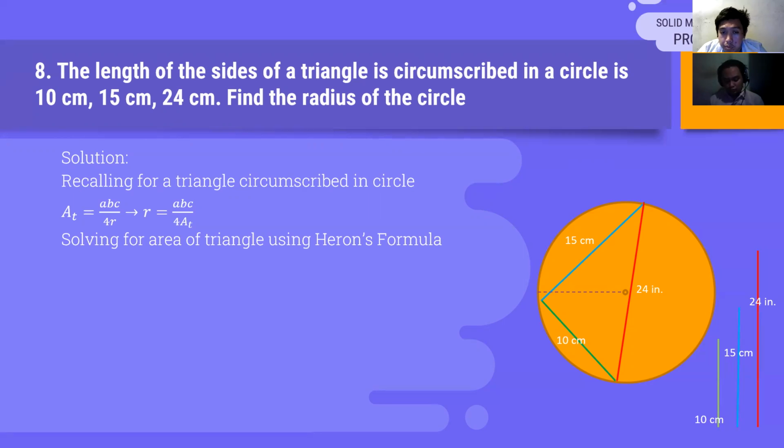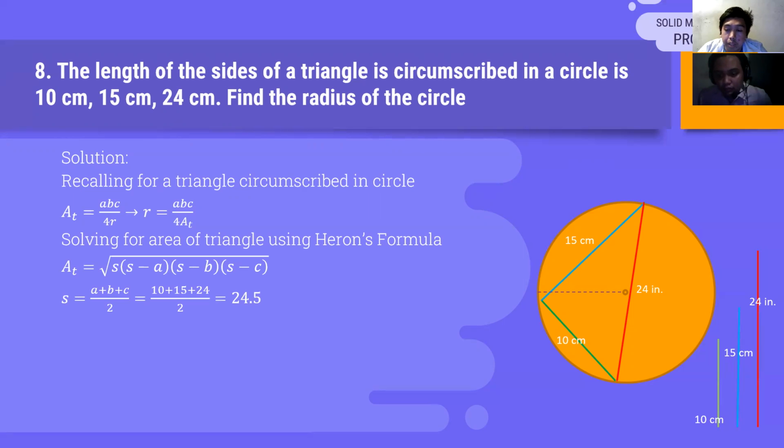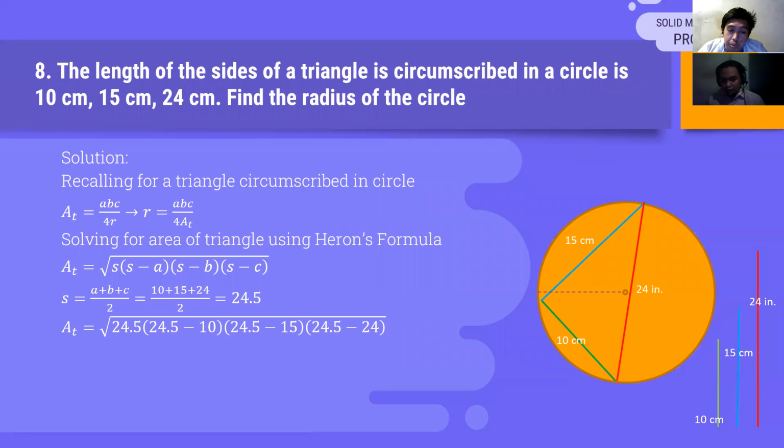With the use of Heron's formula, since we are given the sides 10 cm, 15 cm, and 24 cm, we obtain s that is 24.5. Substituting the values in Heron's formula, the square root of 24.5 multiplied by (24.5 minus 10) multiplied by (24.5 minus 15) multiplied by (24.5 minus 24), we get the area of the triangle is 41.0784.